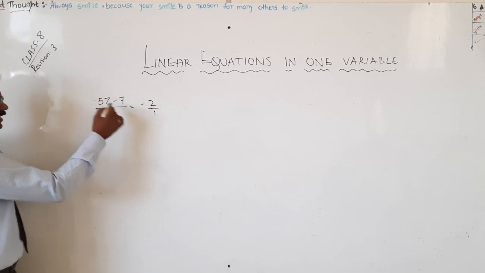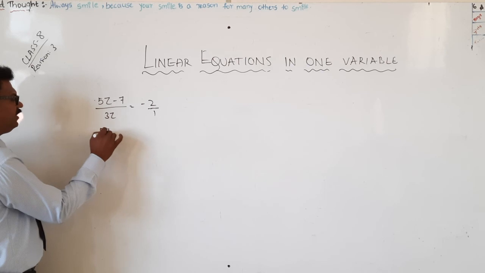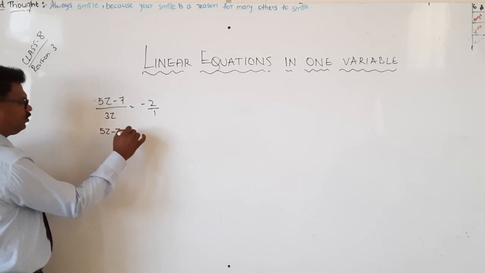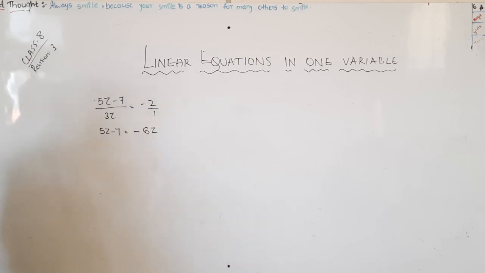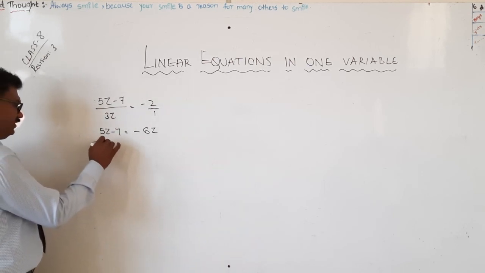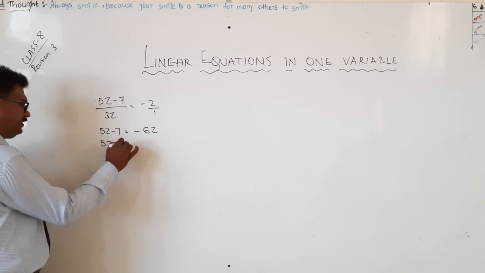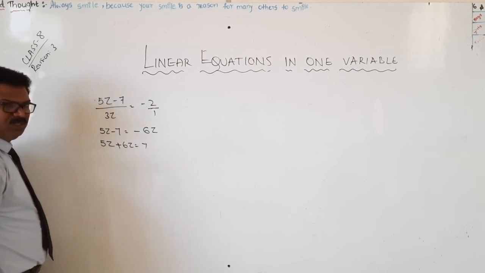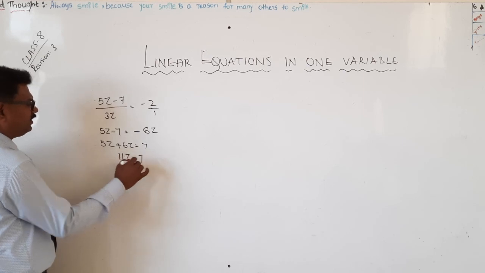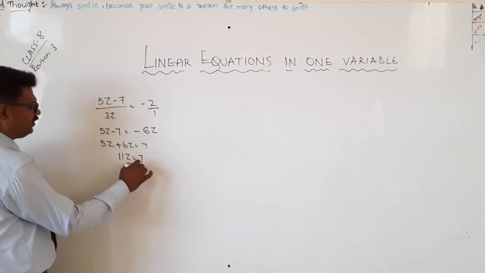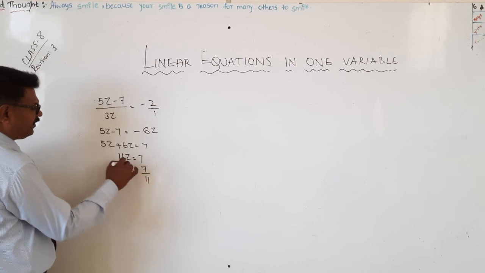Now just cross multiplication: 1 into (5z - 7) is equal to minus 6z. Therefore what happened? 5z, minus means plus 6z, is equal to plus 7. 5 plus 6 is 11z, equal to 7. Therefore z is equal to 7 by 11.